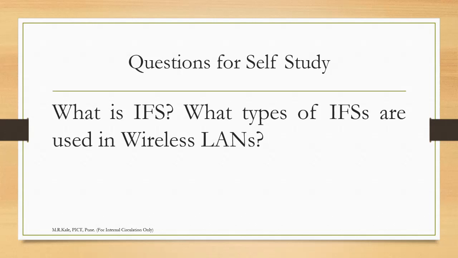The most important point in CSMA CD is that the senders do not keep a copy of the transmitted frame. So if the collision is to be detected, that should be detected before the complete frame is transmitted. And to achieve so, frame transmission time has to be minimum equal to 2 into maximum propagation time.